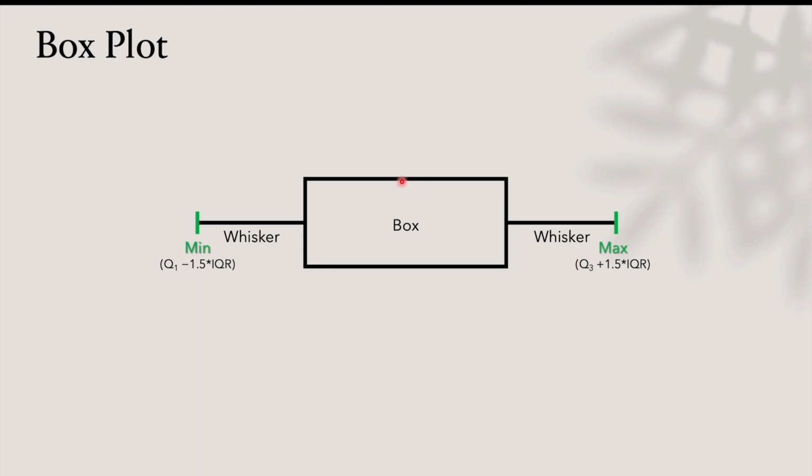So in the box there is a median. Okay, there is a line that represents the median of that data, and one end represents the lower quartile or first quartile, and the other edge represents the upper quartile or third quartile. Quartile means a quarter of the data. So quarter means 1/4. There can be 4 quarters of the data.